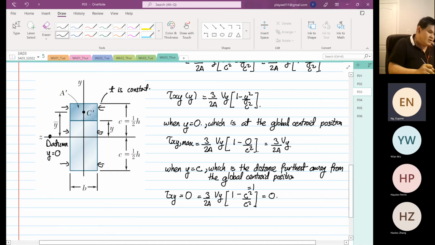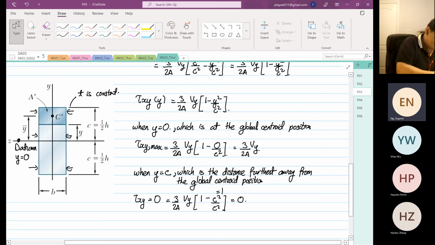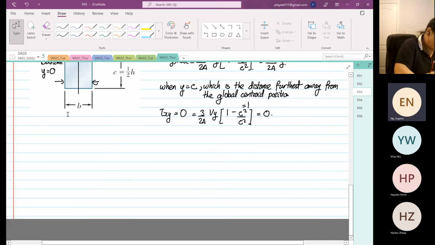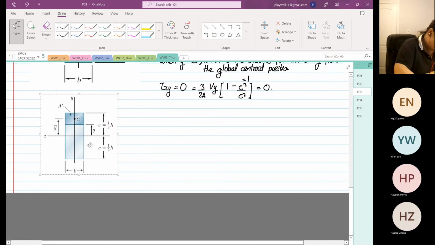Okay. And if you were to look at the global, the parent function, this expression over here is a second order polynomial equation, right? So when that's the case, you can sketch out the distribution. Okay, we're going to sketch out the distribution now.